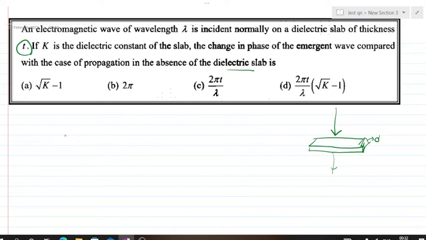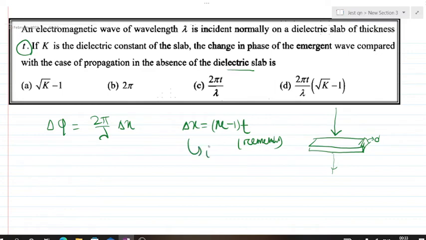As you know, phase difference is equal to 2 pi by lambda times the path difference, and in the case of a dielectric slab, the path difference is equal to mu minus 1 whole into T. Remember it. In any medium, mu is the refractive index and T is the thickness.